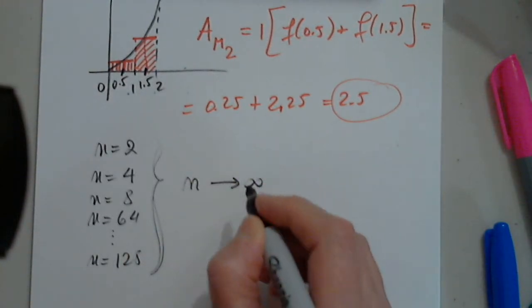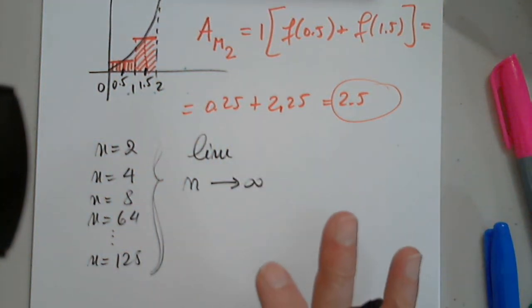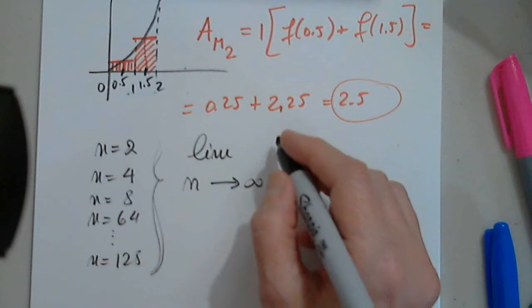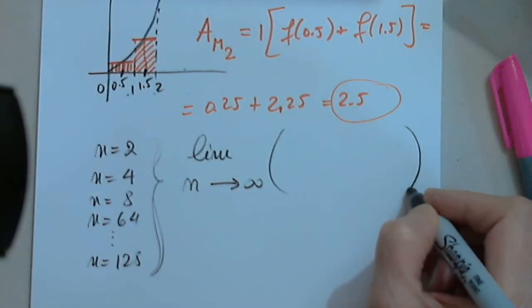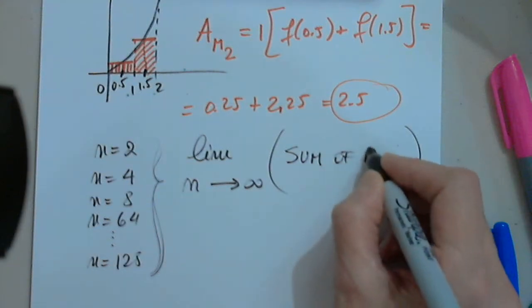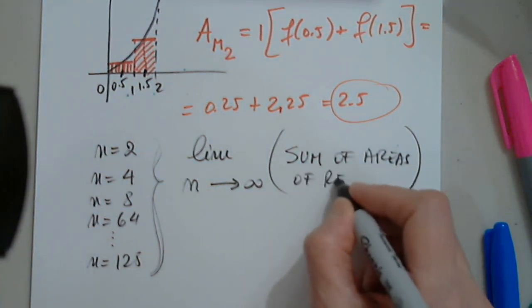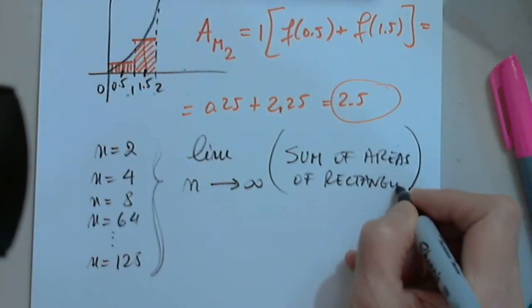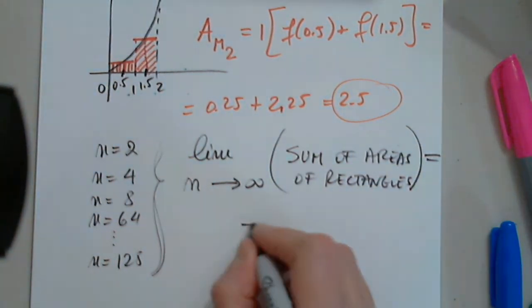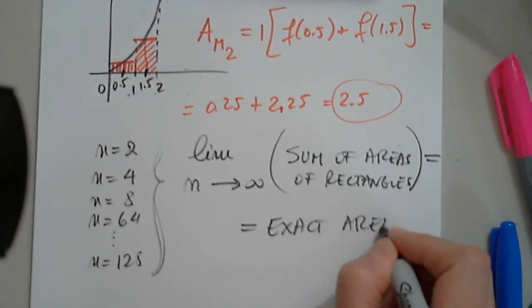That's it. So the limit as n approaches infinity. Of what? That's the key. Of the sum of areas of rectangles, right? And that will equal the exact area. Would you agree?